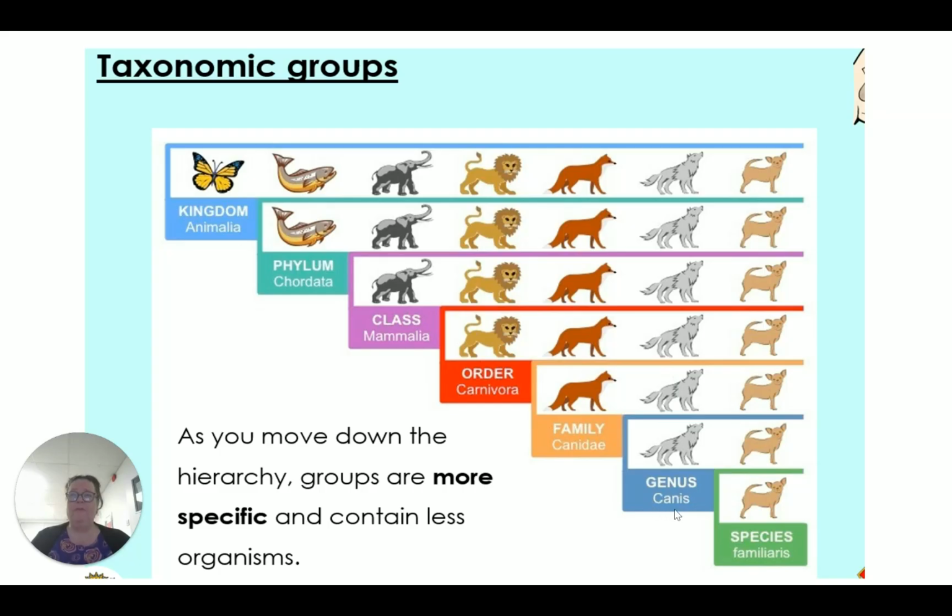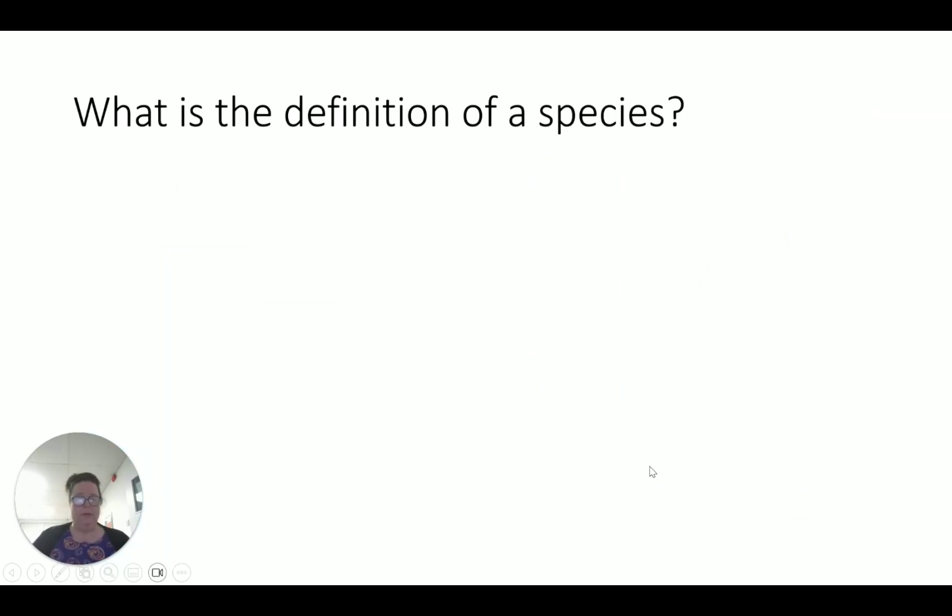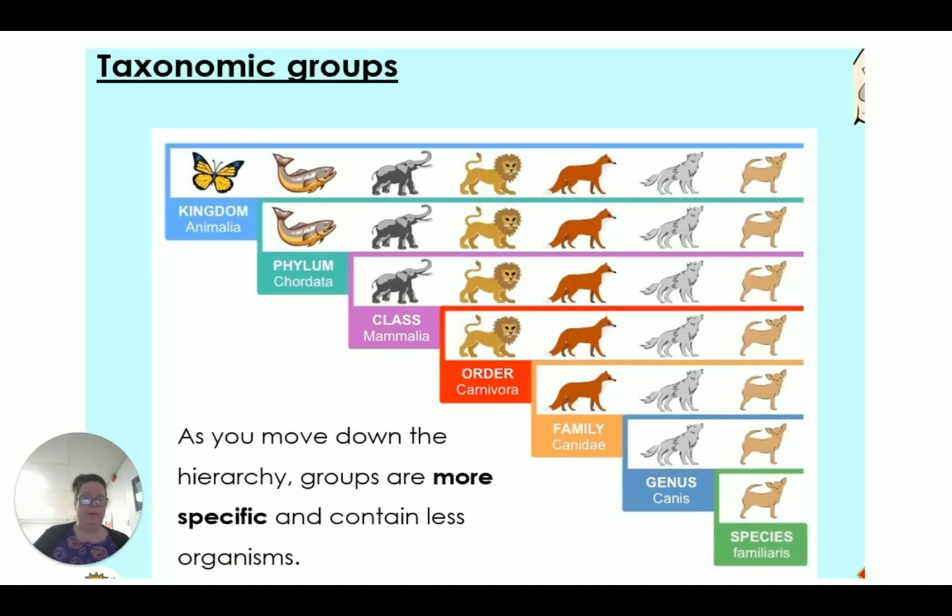Now, if you think about it, when we talk about dogs, we talk about canines. And that's where the word came from, because canis is used for canine. And then right at the bottom here, species.